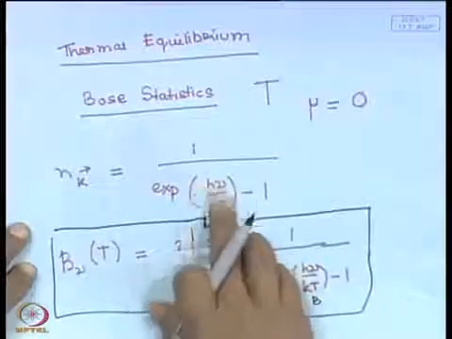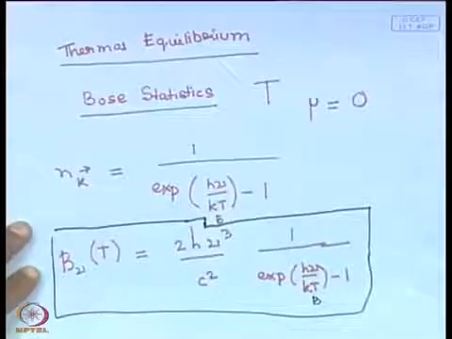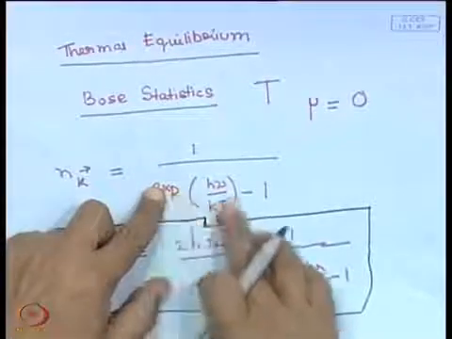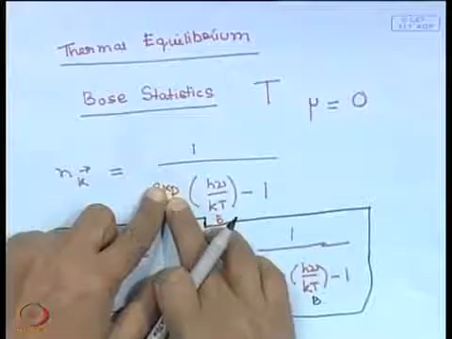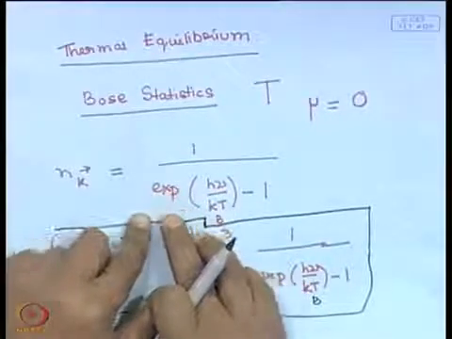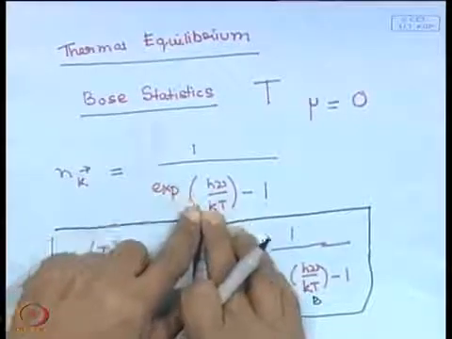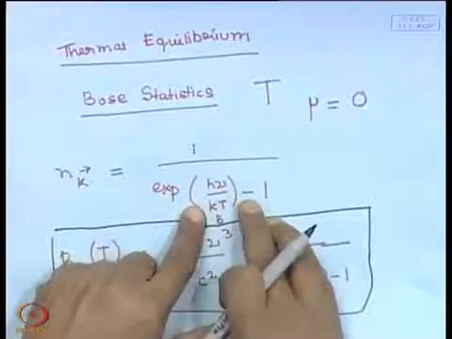If h nu by kT is much smaller than 1, then we can expand the exponential in a Taylor series, and this will become 1 plus h nu by kT minus 1. So, 1 cancels out.